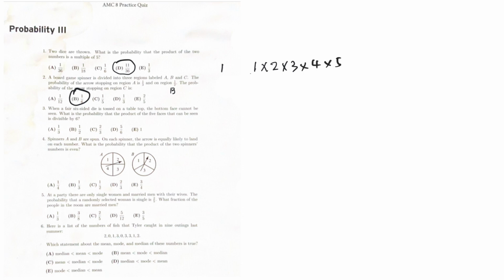With 6 on the bottom, the product definitely has the factors 2 and 3, so this is divisible by 6.